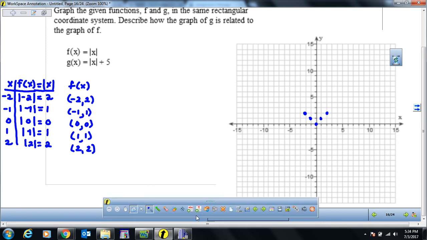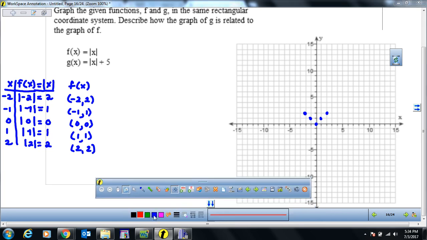Now keep this in mind: anytime we have an absolute value function, when we graph it, it's going to look like a V shape. That's what that function is going to look like. Okay, so any absolute value function is going to look like a V shape. So this is the function f of x.